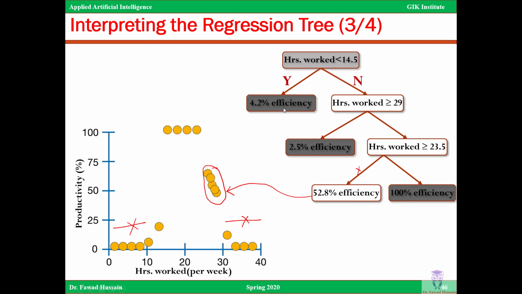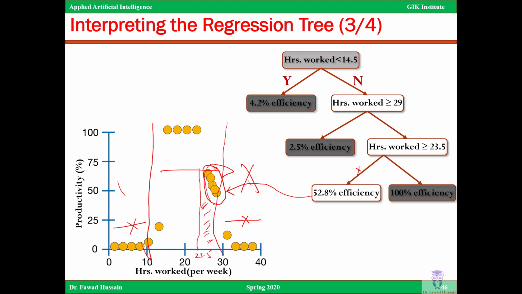So at the first instance we said it's not this part, so it's this part, and in this we have already said it's not greater than 29, so it's not this part either. So now we have this part and we are saying it's greater than 23.5, so it must be this part.